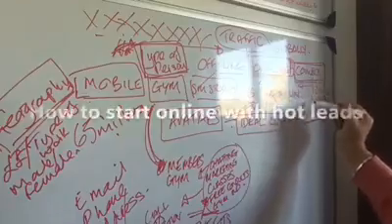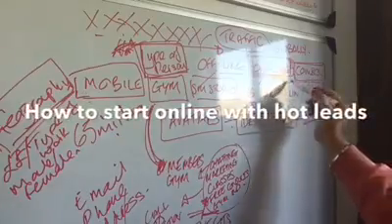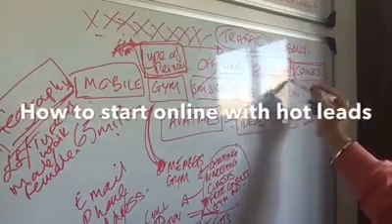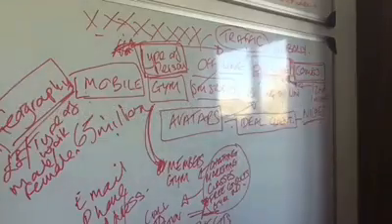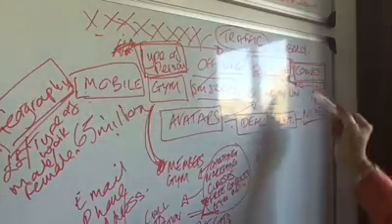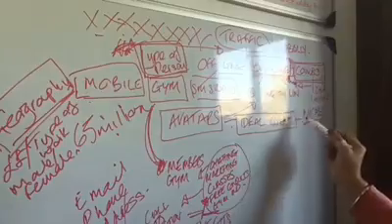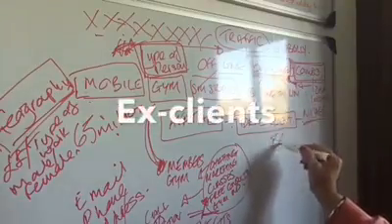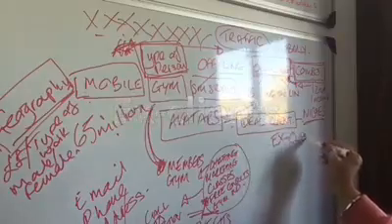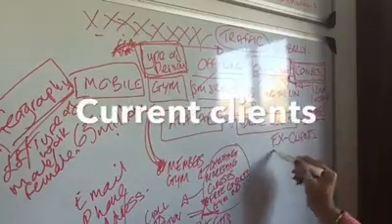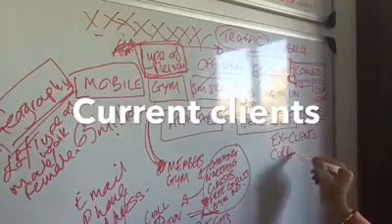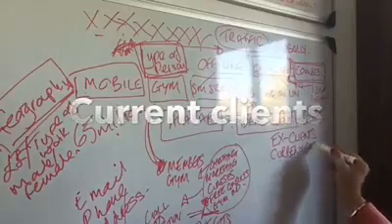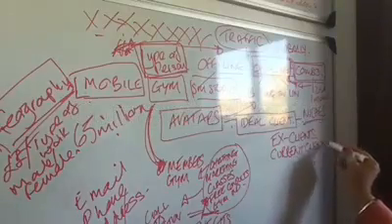Right, so when you're doing a combo and you want to start an online service, most people overcomplicate this, because the obvious place to go to get your online up and running and get it earning some money for you is ex-clients and current clients. Now that isn't niching. It's still online.